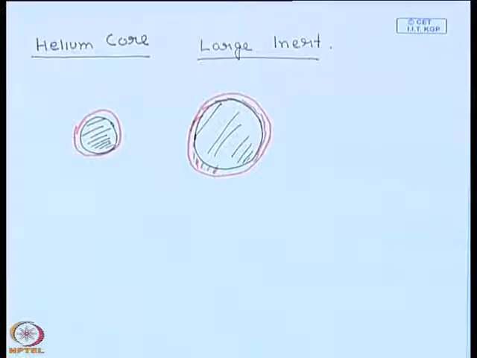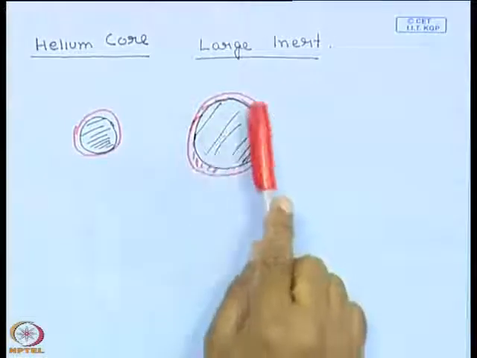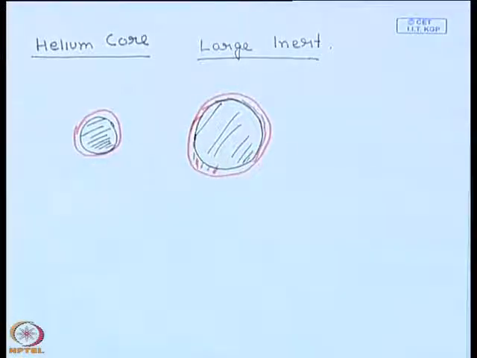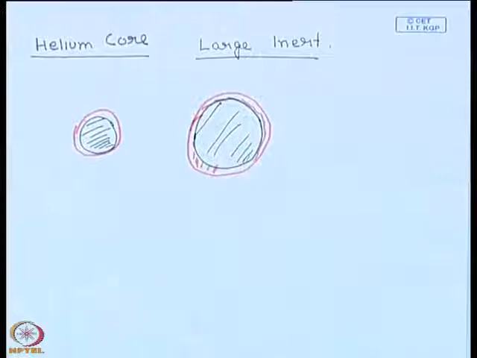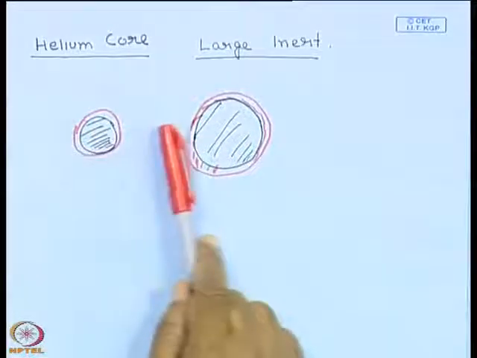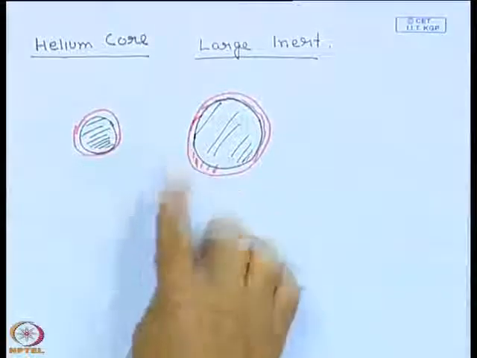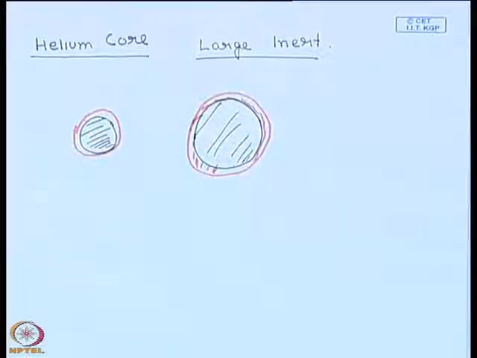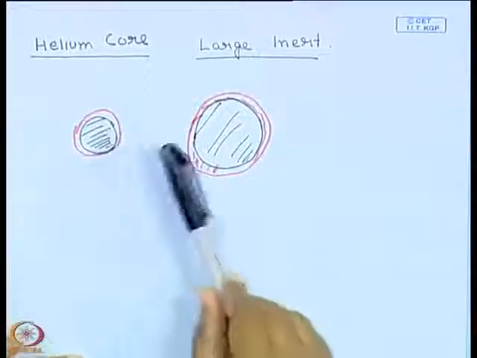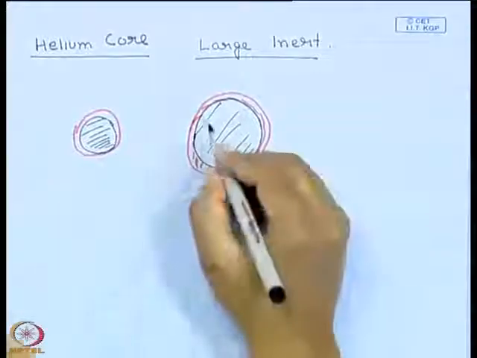Now, the next thing that happens is that this core now contracts, right. There is nothing to support it, there is no energy source in the center. So, this core now contracts due to gravitation, and as the core contracts, it gets heated up. Okay, so this is the helium core.